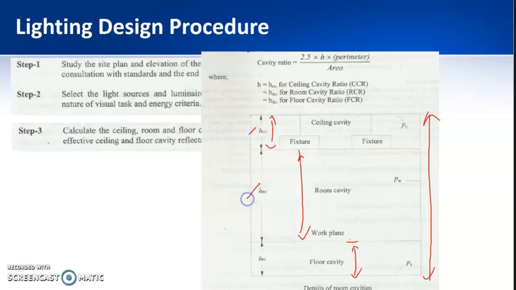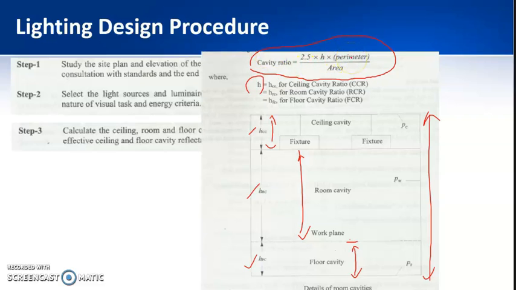HCC, HRC and HFC, and the basic formula is 2.5 into H. H means whether it is a ceiling cavity ratio, room cavity ratio or floor cavity ratio. So this H will be HCC for ceiling cavity ratio, HRC for calculating room cavity ratio, and HFC for finding the floor cavity ratio, into perimeter divided by area.